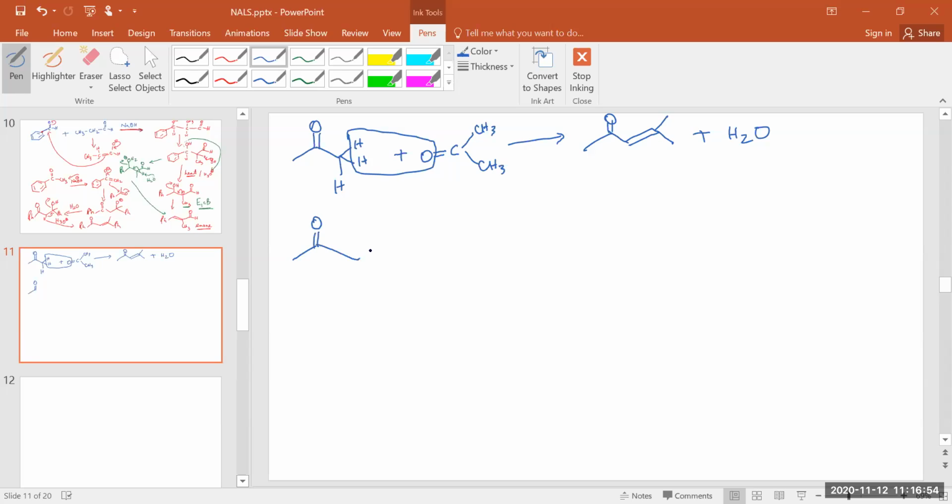Now, if you have, let's say, a molecule like this, how many enolizable hydrogens are in this molecule? Adjacent to the carbonyl, see here 3, 2, 2, 3, 10. So this is a symmetrical molecule. You can make two types of enolate generally like this.